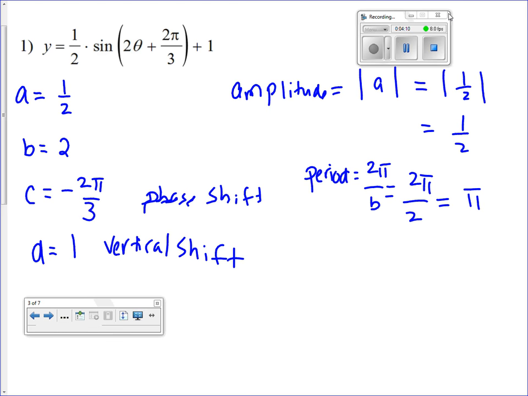So we need to use what is called the counting interval. Just an easy way to find our points. And our formula is period over 4. So you take your answer from your previous step, which was pi, and divide it by 4. And what that tells me is we're going to count by pi over 4s from the beginning to the end of our graph.